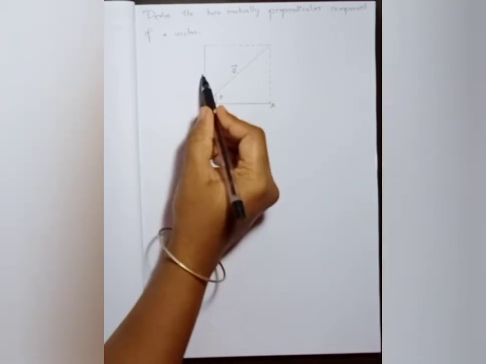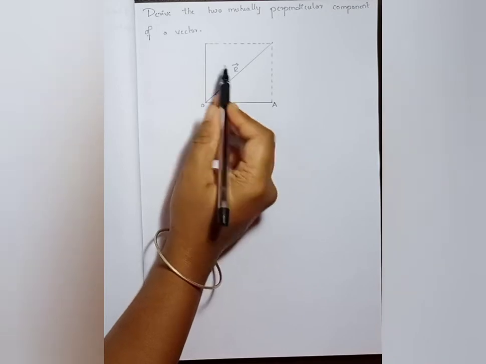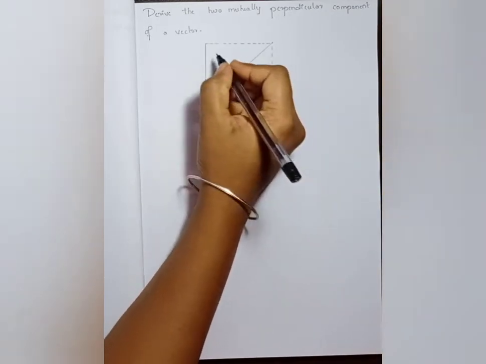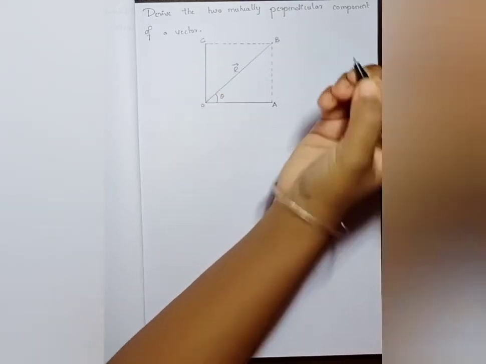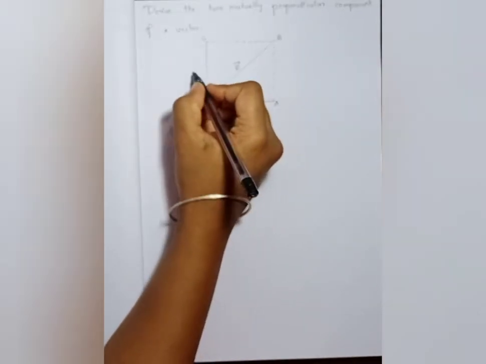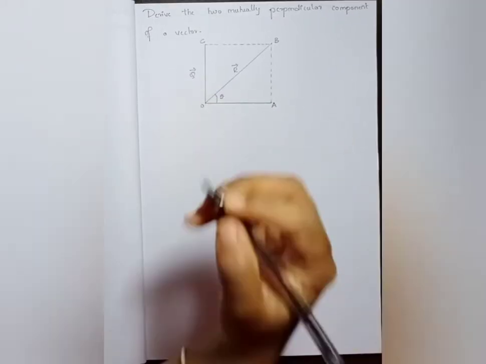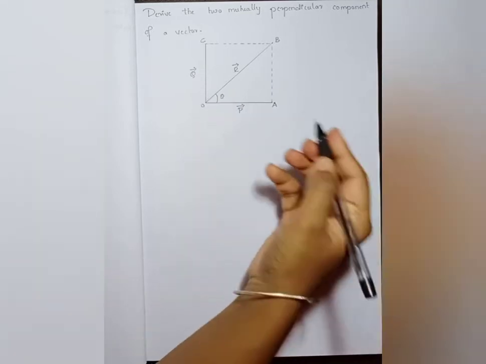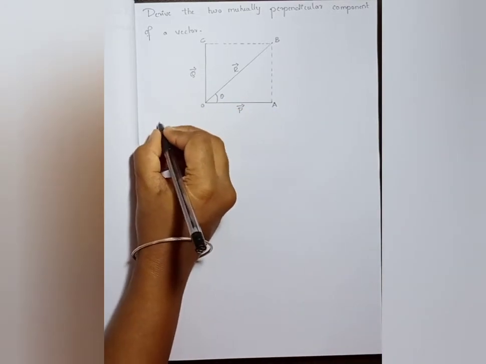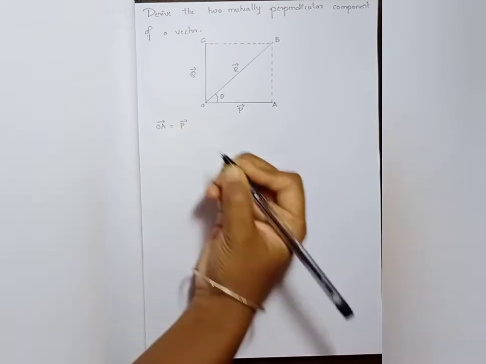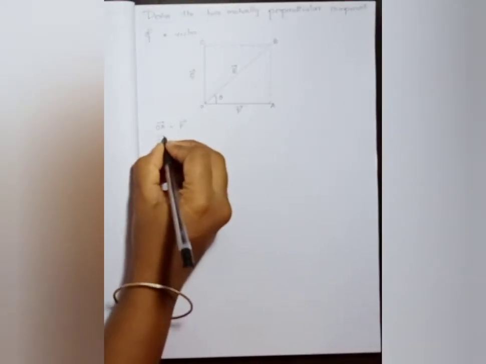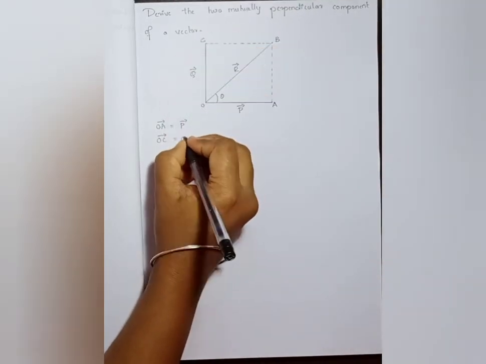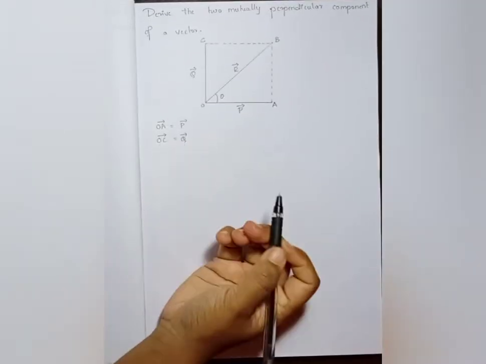These are the two mutually perpendicular components, with points C and B marked, and this is vector Q and this is vector P. So OA is equal to vector P and OC is equal to vector Q. Got it?